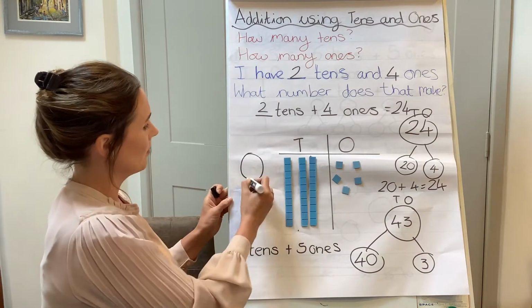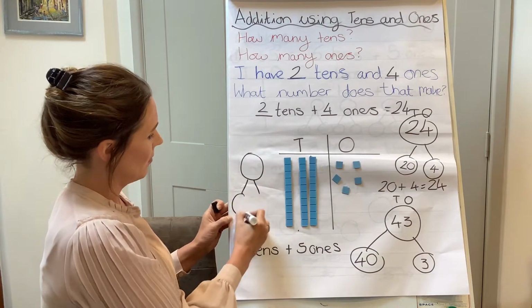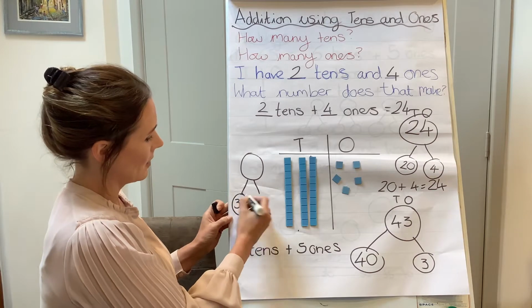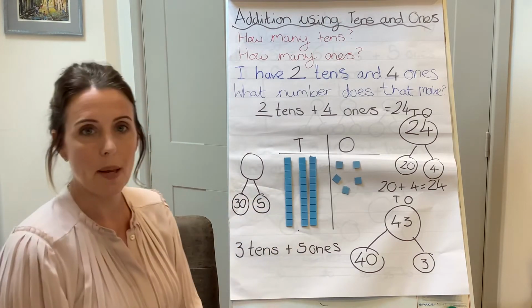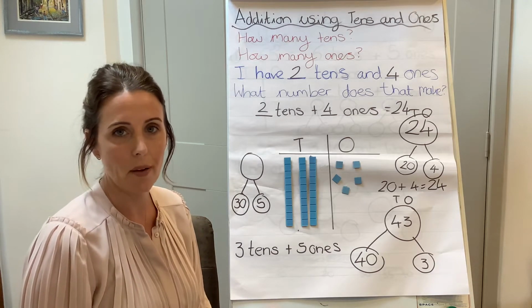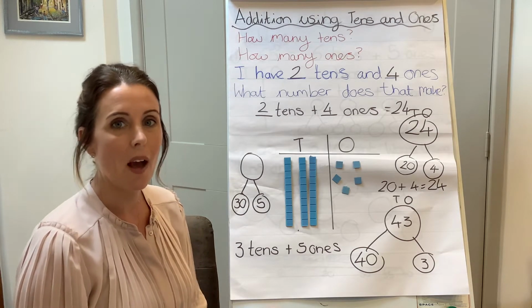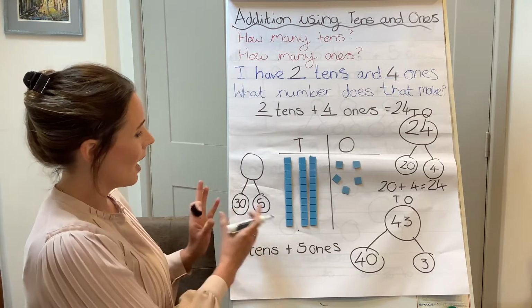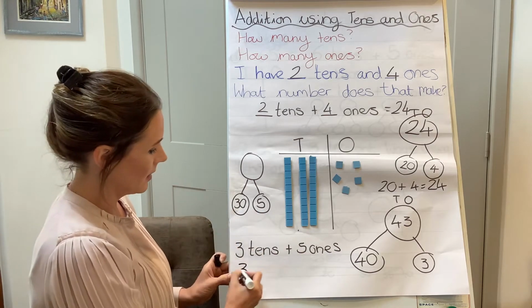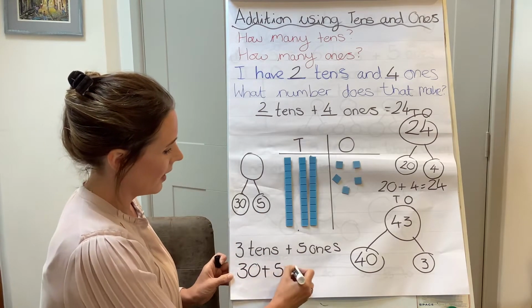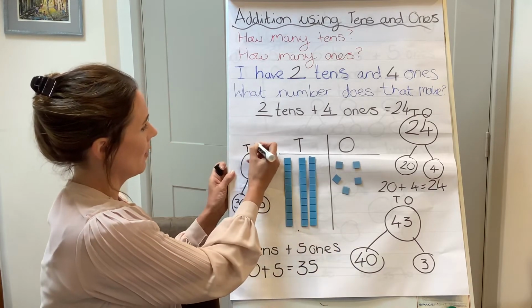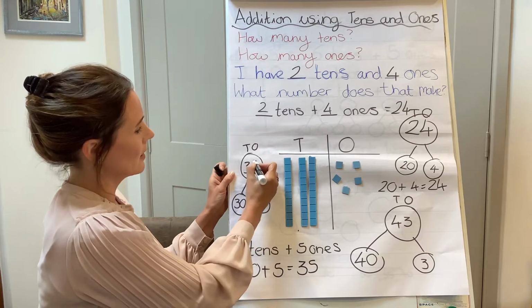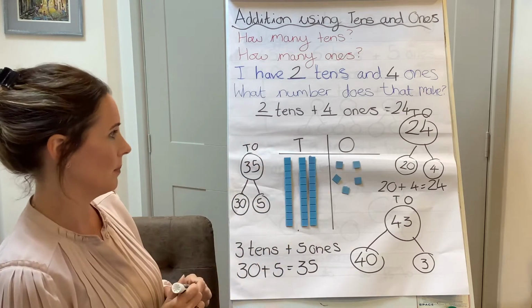So this time you've got 3 tens, which is written as 30, and 5 ones. What does that make all together? Pause it and have a go. Okay, so 3 tens and 5 ones is 30 add 5 is equal to 35. And you can see that there we've got 3 in the tens and 5 in the ones.